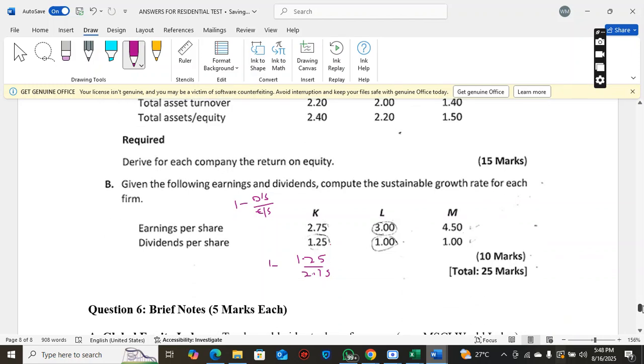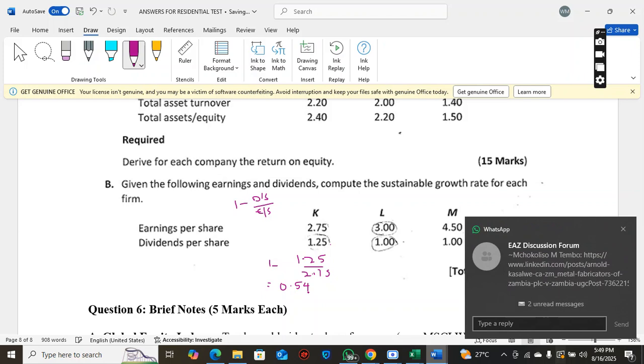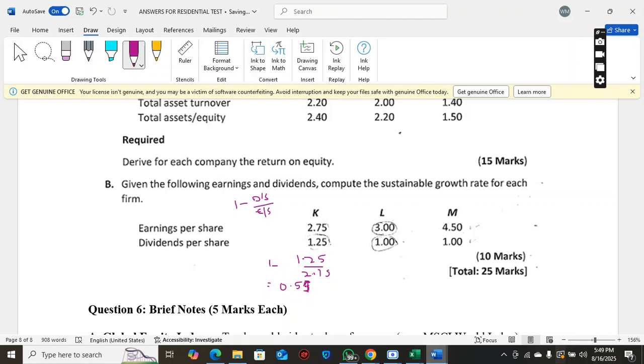What do we get? 0.45. 1 minus 0.45 is 0.545, or we can just put it at 0.55.